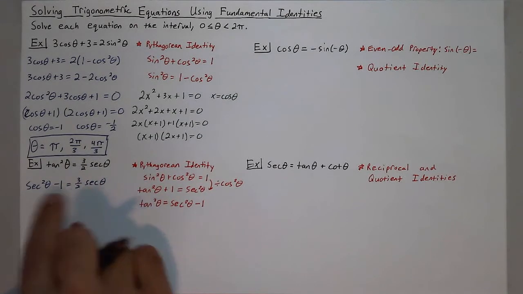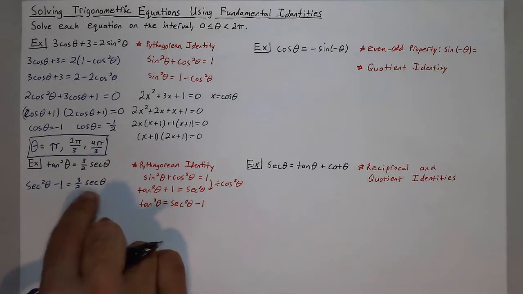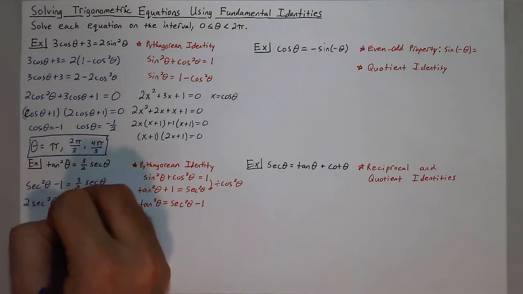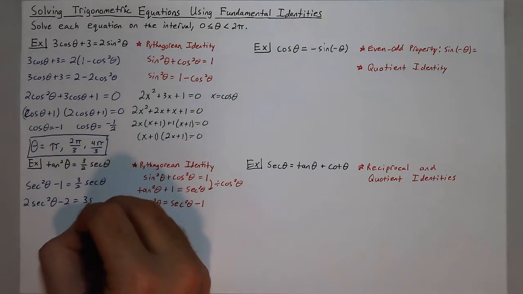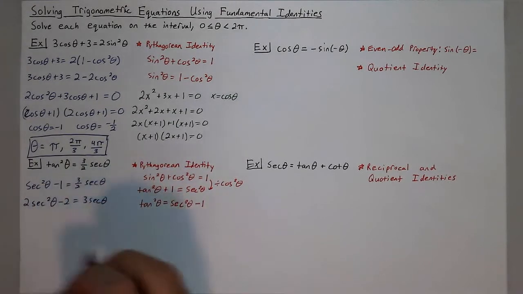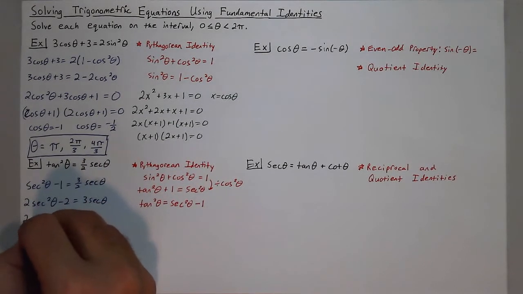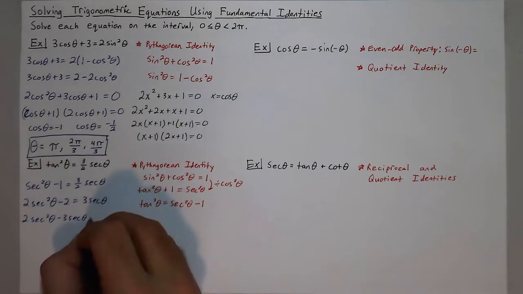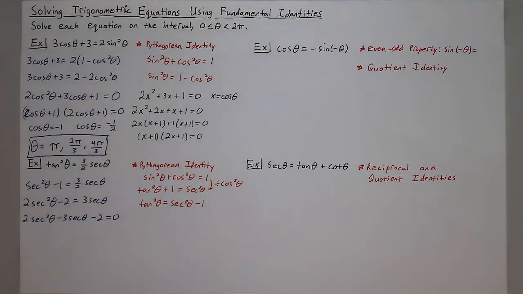I'm going to multiply each side of my equation by 2, just so I don't have to factor with a fraction involved. So multiplying by 2, I get 2 secant squared of theta minus 2 is equal to 3 secant of theta. And then I'll subtract 3 secant of theta. So I have 2 secant squared of theta minus 3 secant of theta minus 2 equals 0. And now I'm set up to factor.